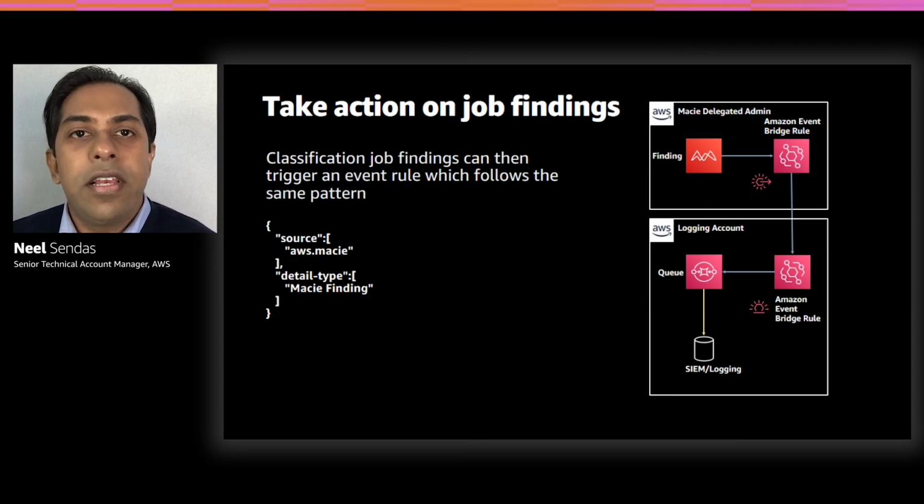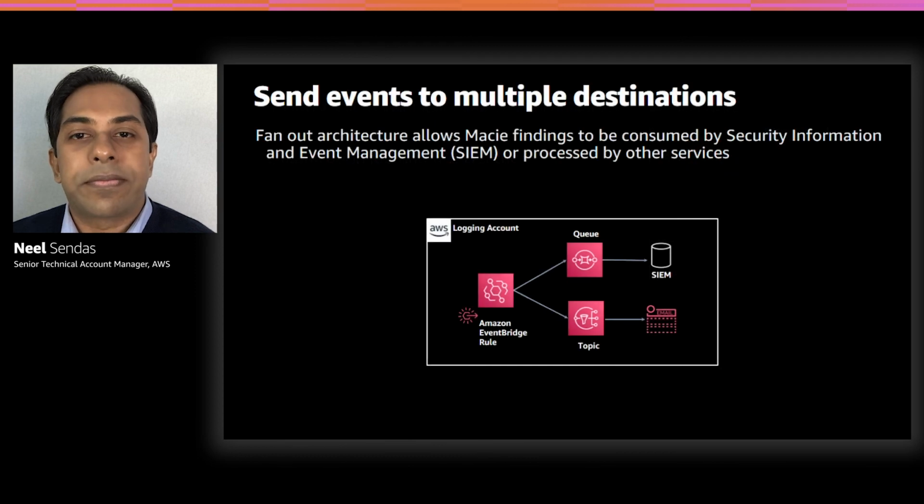Using this, we can easily route the findings to the proper team's infrastructure to consume. Now, as I mentioned earlier, you can export Macie reports in numerous formats using the API or the console. We can also define a fan-out architecture that allows passing of the events to multiple outputs.